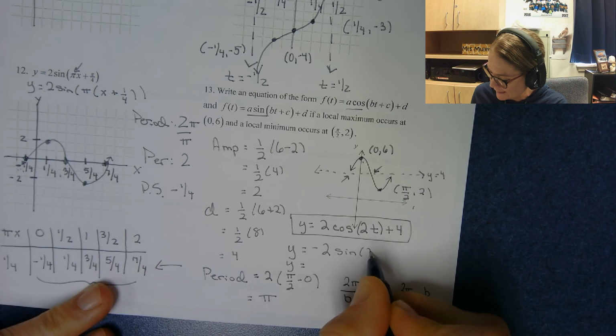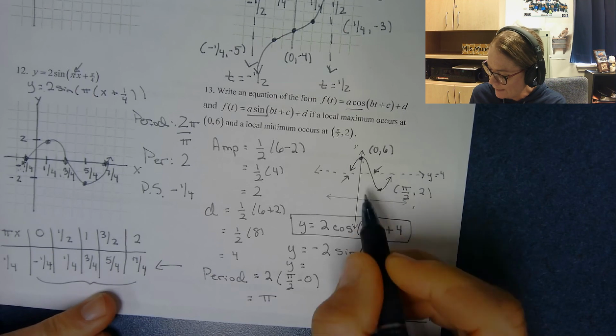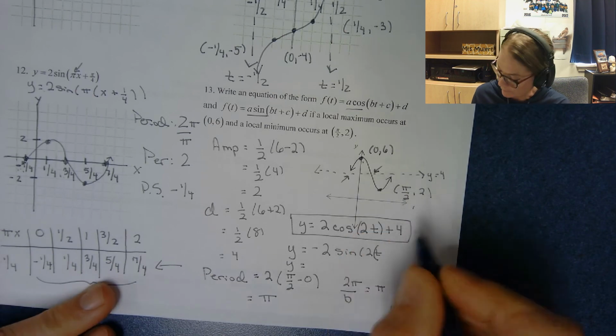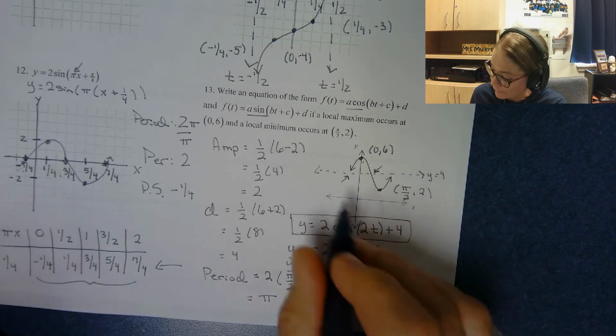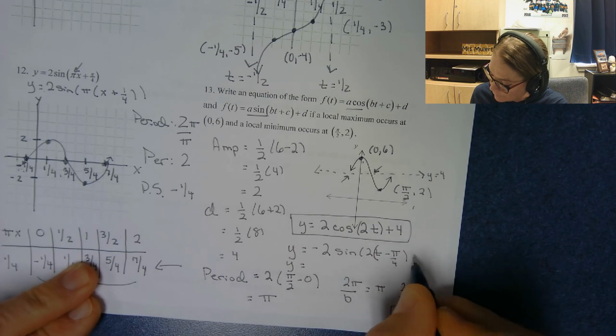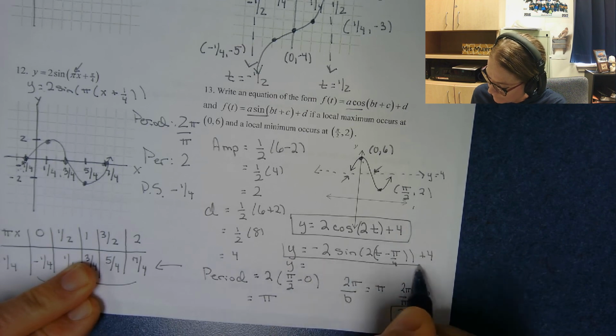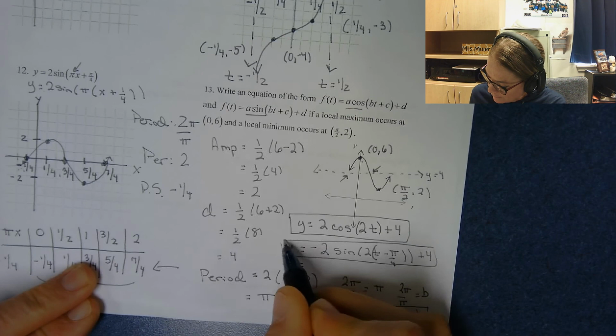B value is the same, you guys. But now we have a phase shift, and that went right pi over 4. So I want to write minus pi over 4 in parentheses, and then add in that D value, that vertical shift. Okay, last one.